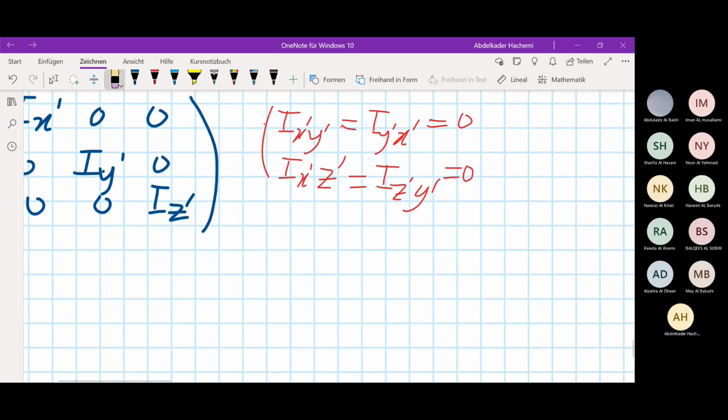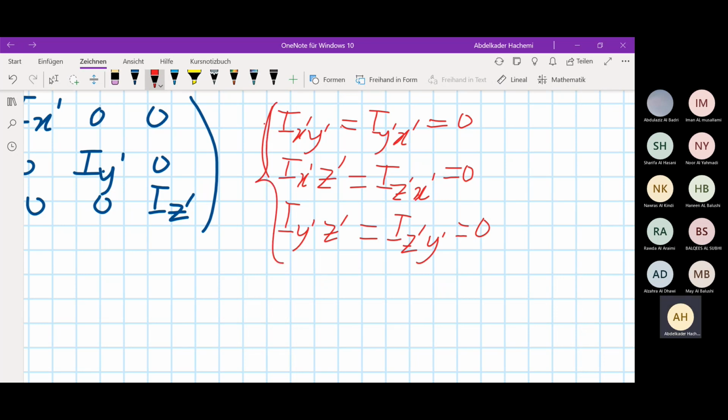And you have I y prime z prime equal to I z prime y prime, and this will also be equal to 0.